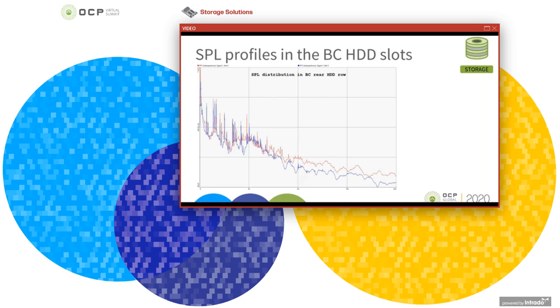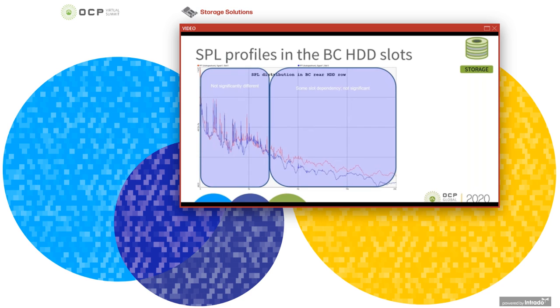As the plot suggests, on the lower frequency range, like under 4 kHz, the peaks of the best and the worst HDD slot in the NAS row follow each other pretty well. However, on the broadband frequency range, there's a slight shift, but the overall trend still correlates fairly closely. The delta between the best and the worst in the NAS row of Bryce Canyon is about 3 dB on average.